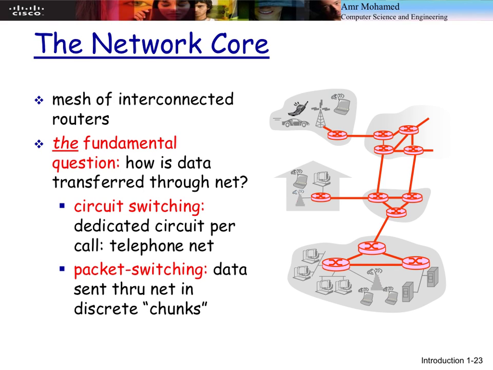So, in other words, for circuit switching, you create virtual dedicated circuits for each session or each call that you're trying to do. And this circuit will be reserved for you during the entire duration of this call, even if you don't use it.